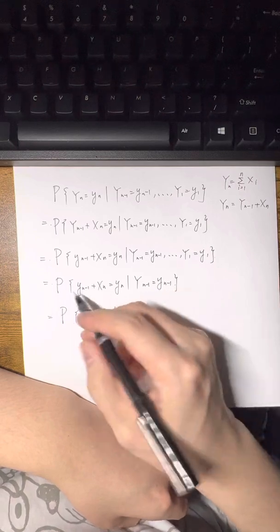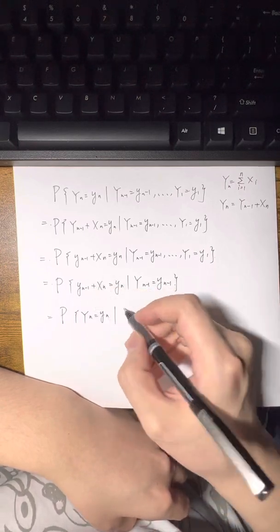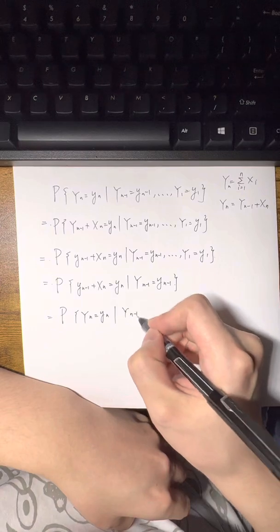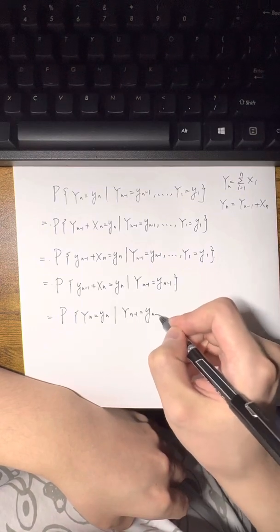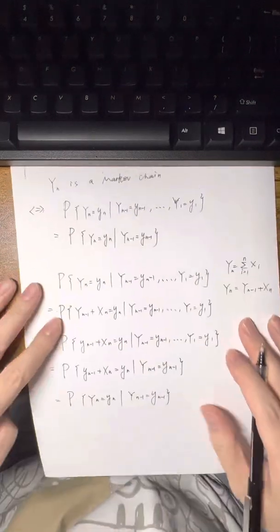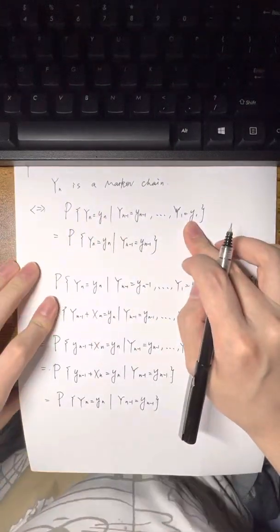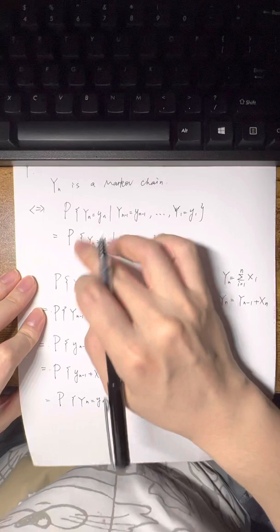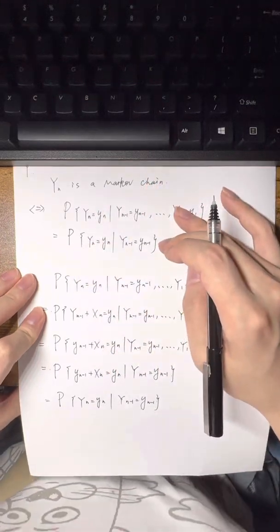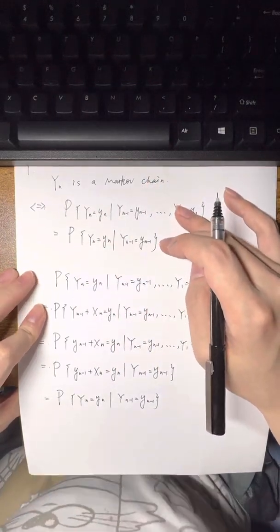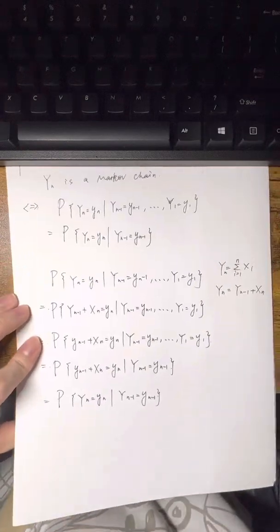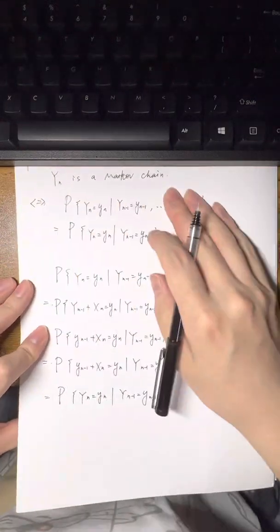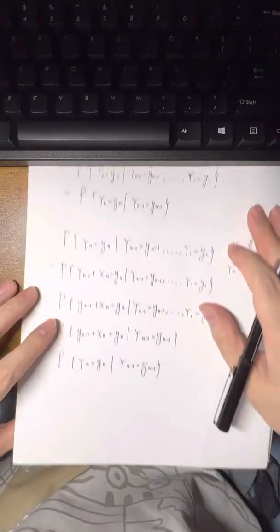So we successfully prove that this formula is equal to that formula, those two probabilities are equal. So we could say that yn is a Markov chain. Okay, that's all. Thank you.